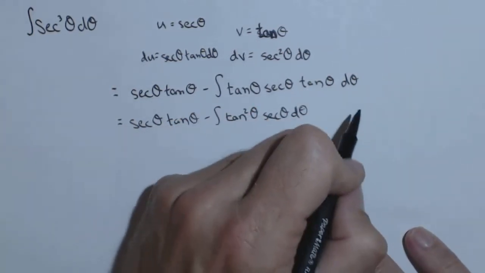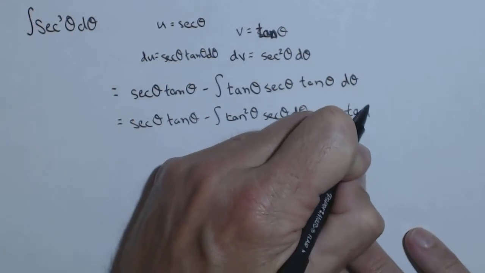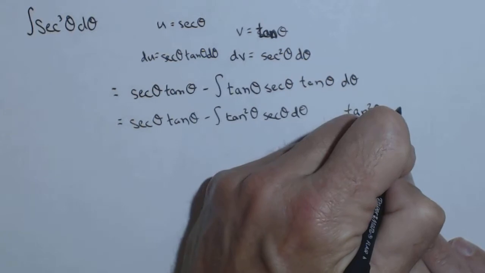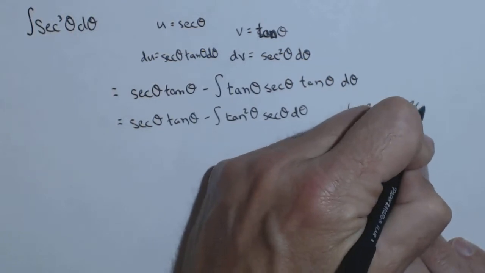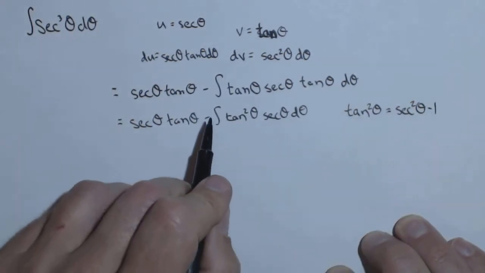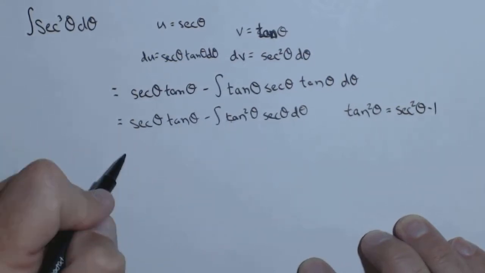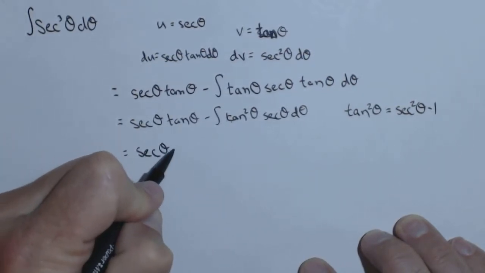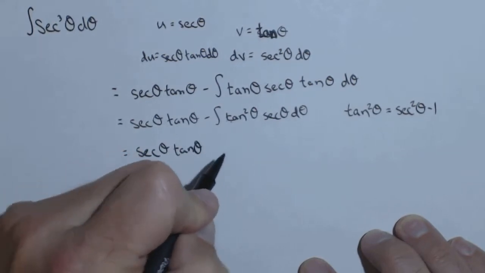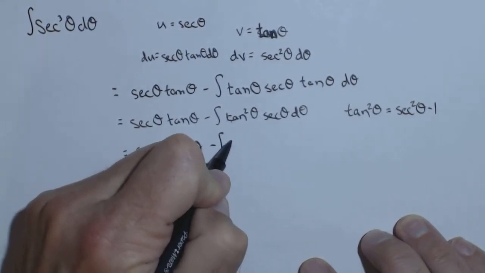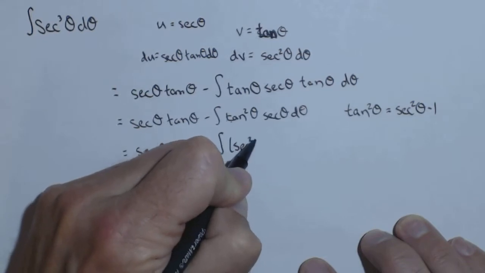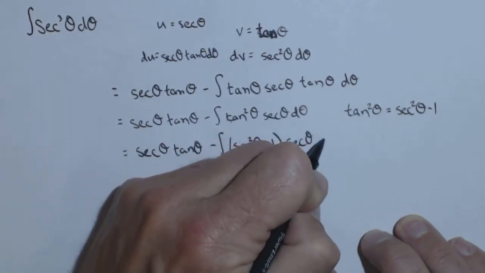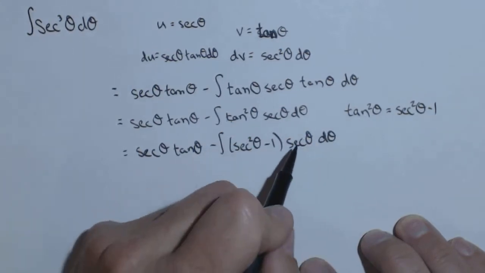Now we're going to use one of our handy Pythagorean identities, and that's the one for tangent squared. Tangent squared theta is equal to secant squared theta minus 1. And I'm going to sub that in for the tangent squared theta here. Now this part's already done. That's going to end up being part of our antiderivative. And now plugging this in, we plug in secant squared theta minus 1 in parentheses, times secant theta d theta.